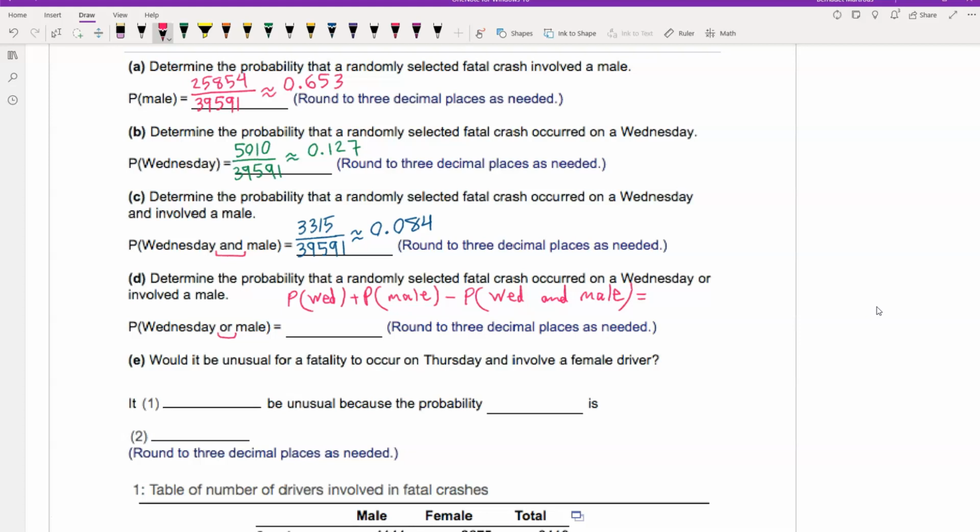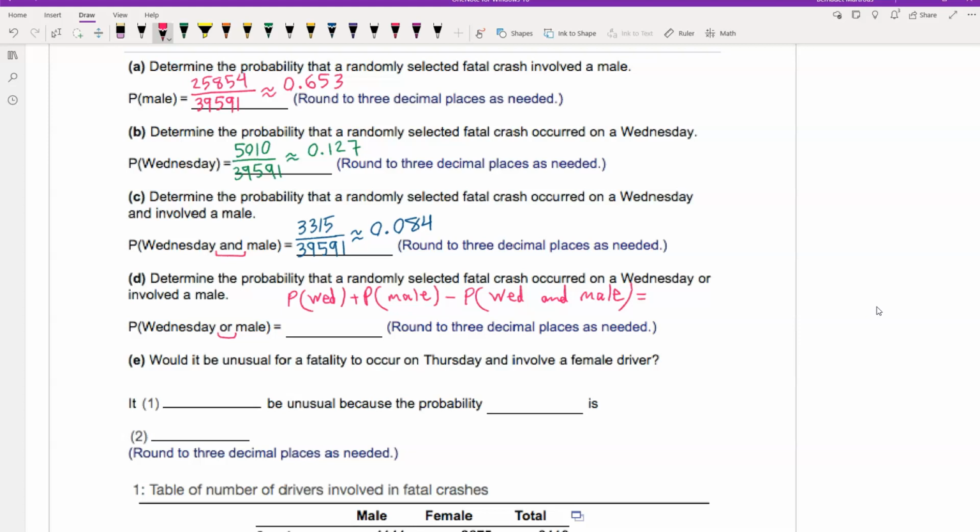And when it's asking to round to decimal places, that means that you should round the final answer. So I'm not going to round these three here, but having all these fractions first, add, subtract, and then finally round the final answer. So I'm only rounding the final answer.